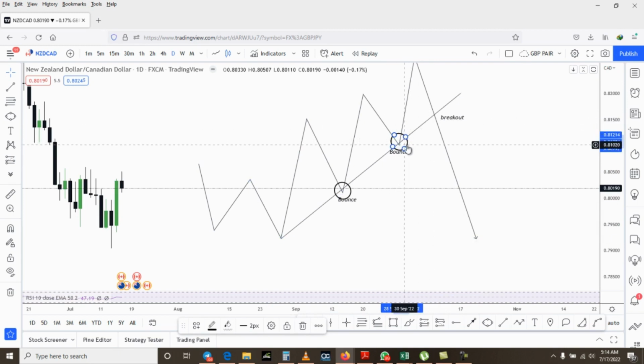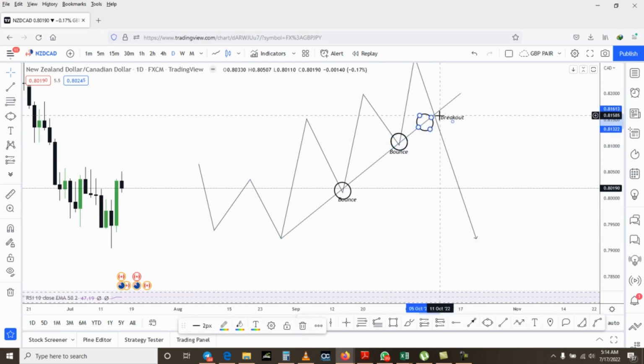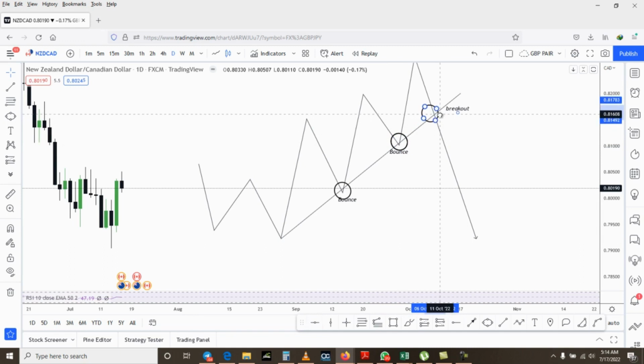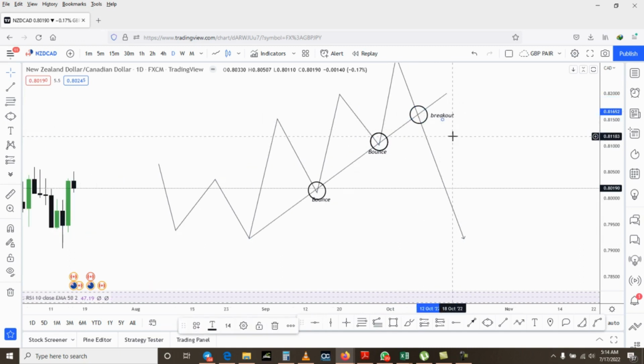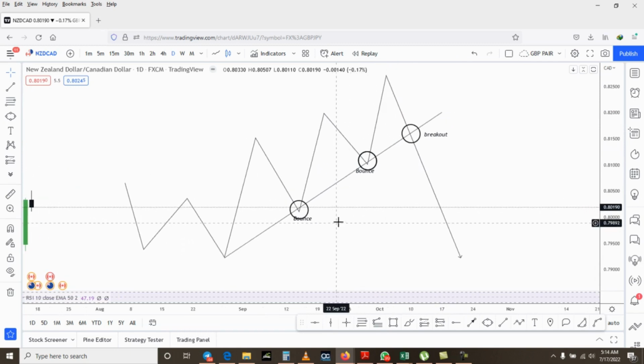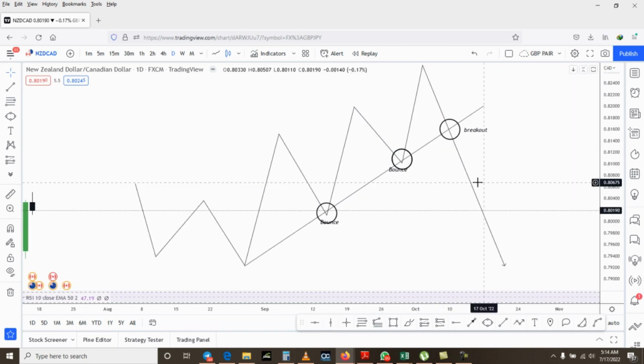The first is a bounce, and this is the second possibility, a breakout. These are the only things that can majorly appear when it comes to trend lines.